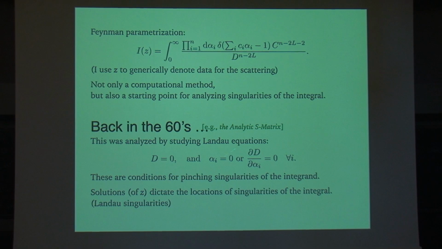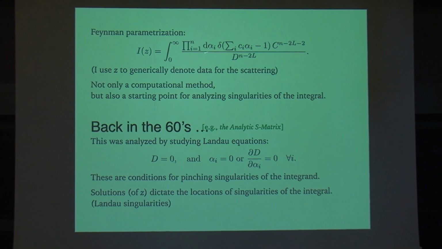And the general method used in such analysis is the so-called Landau equations. And Anastasia also talked about it last week. Yes. So in general, these equations can be summarized as follows. After we get this representation, the equation is that this D has to be equal to 0, together with a bunch of other equations for each i.